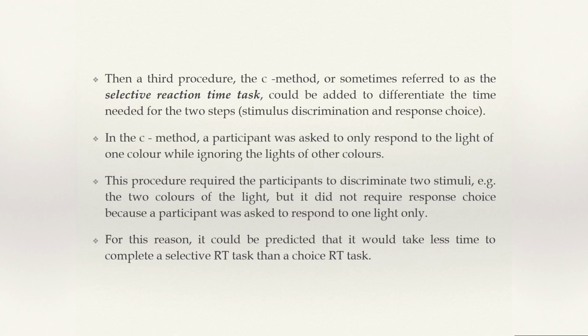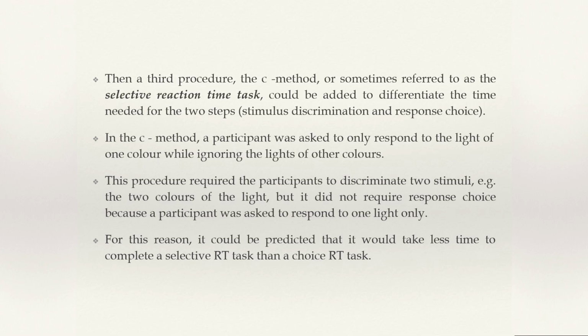Now, he said, okay, let's come up with another method. So, he developed a third procedure, the C method, which is sometimes referred to as the selective reaction time task. All right. Now, in the selective reaction time task, you could add this to differentiate the time between the two steps. So, what are the two steps? Stimulus discrimination and response selection. So, let's see what the C method is. In the C method, the participant is asked to respond to only the light of one color by ignoring the light of other colors.